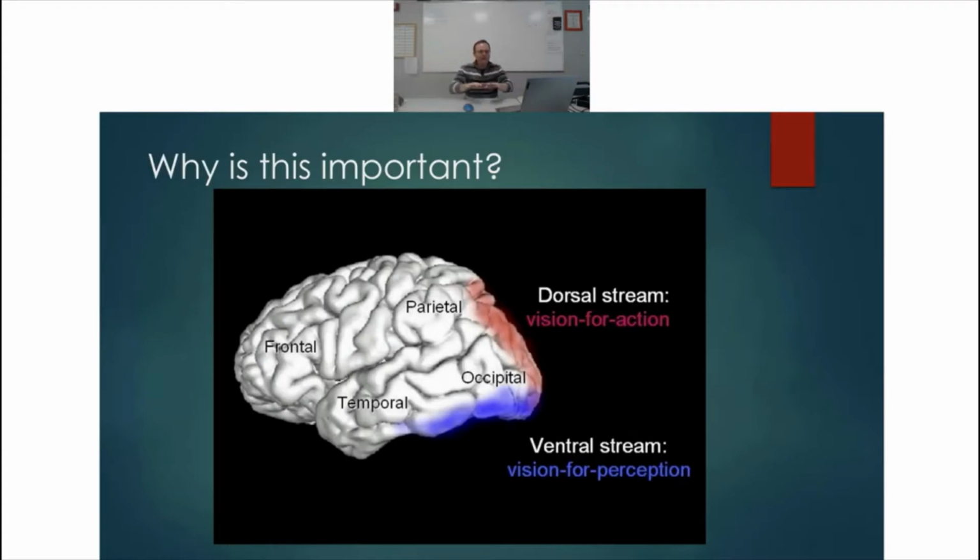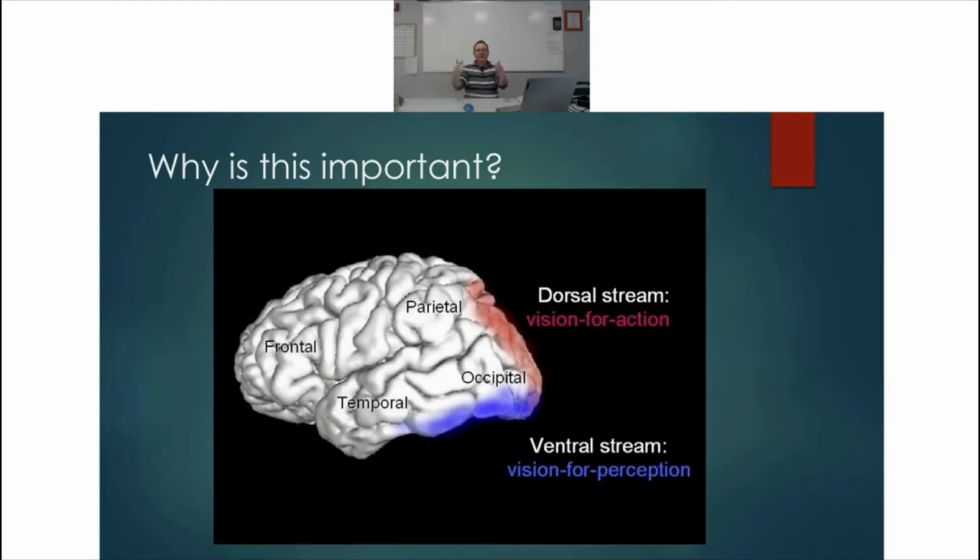That ventral stream, okay, that's vision for perception. Now, there's a lot of images you can Google. I looked at a lot of different ones. They have pictures that show you how it puts those into certain categories. Up here, we have the where pathway, where things are in space, where they're moving to, all these different things that help me triangulate where objects are in relationship to myself, okay?